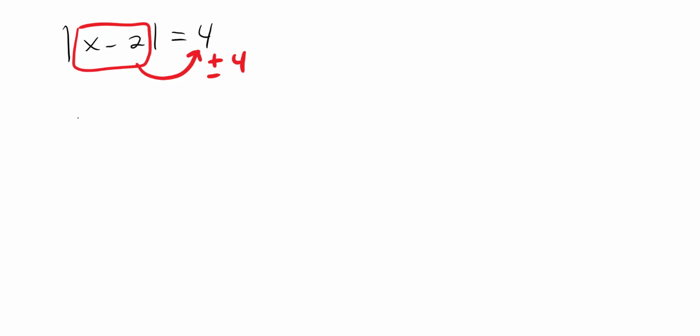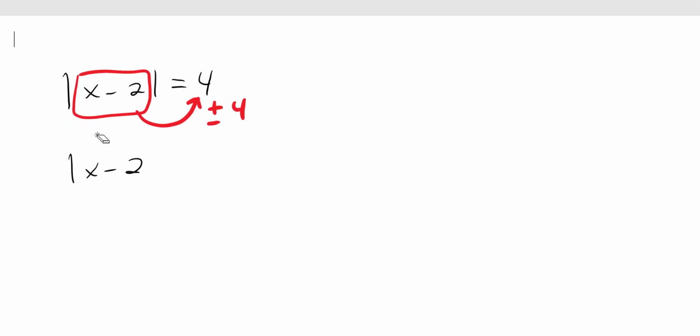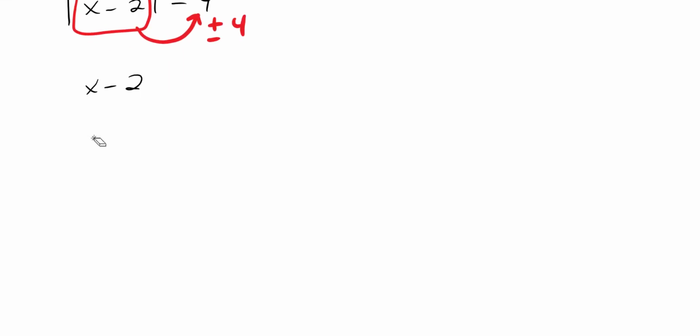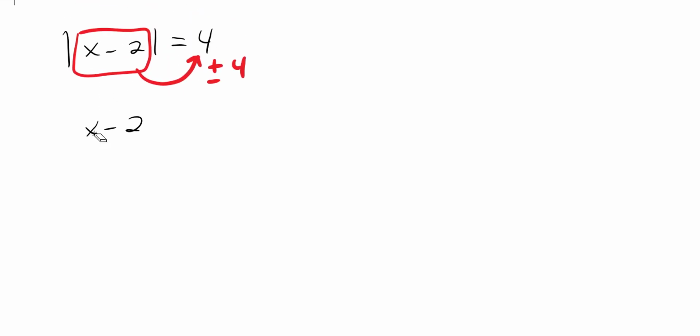I'm going to get rid of the absolute value bracket, because once you use it, it's gone. So it's x minus 2 equals 4, and x minus 2 equals negative 4. Positive and negative of that side. Now I solve each one.